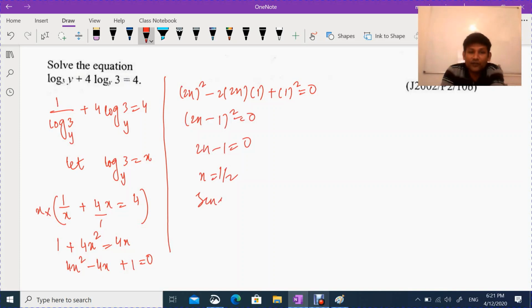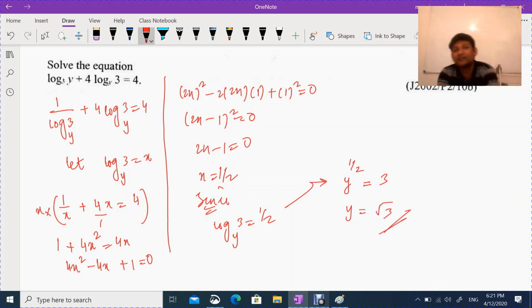And please, this is not the result. Apply the supposition: we supposed log base 3 of y equals x, and x is 1 upon 2. So y power 1 upon 2 equals 3, and y equals the square root of 3. We have done it.